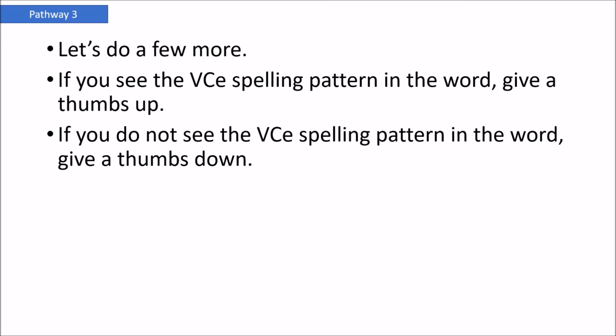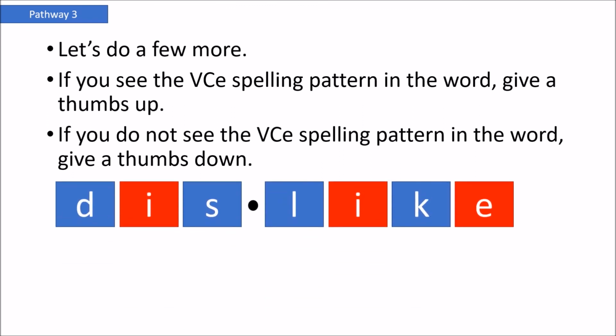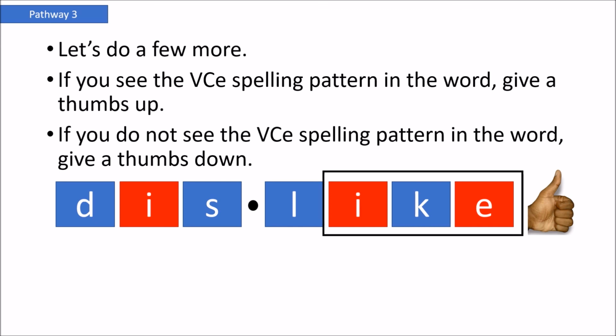The next word is dislike. If you gave a thumbs up, you are correct. You can find the vowel consonant E spelling pattern in the second syllable of this word. The I makes the long vowel sound and the E is silent.